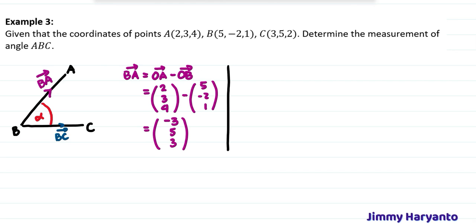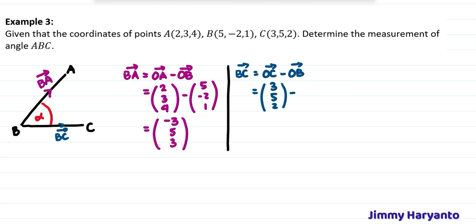Next, we are going to find BC. BC equals OC minus OB. That means 3, 5, and 2 minus 5, negative 2, and 1 equals negative 2, 7, and 1, like this.